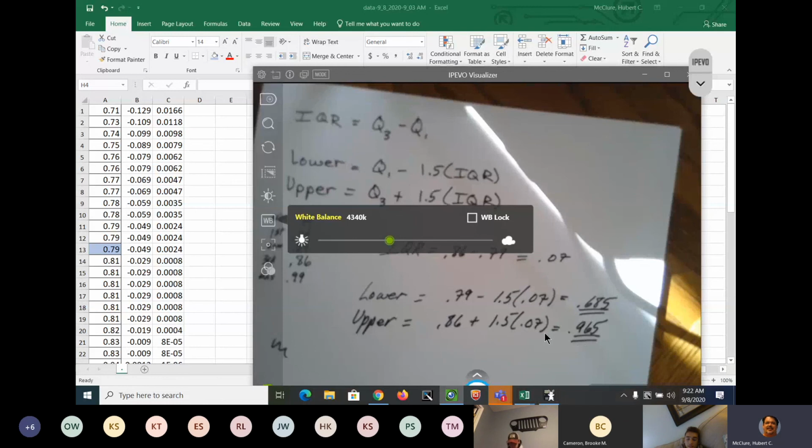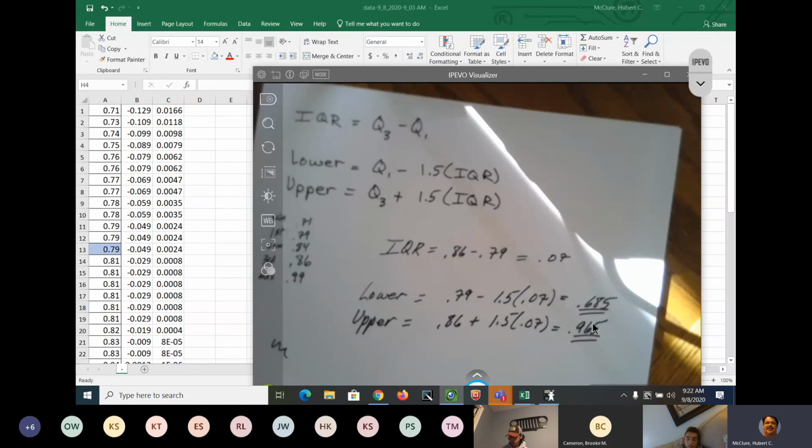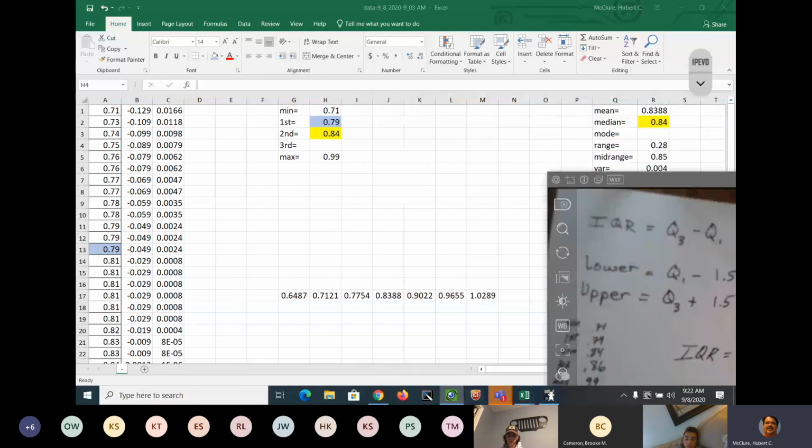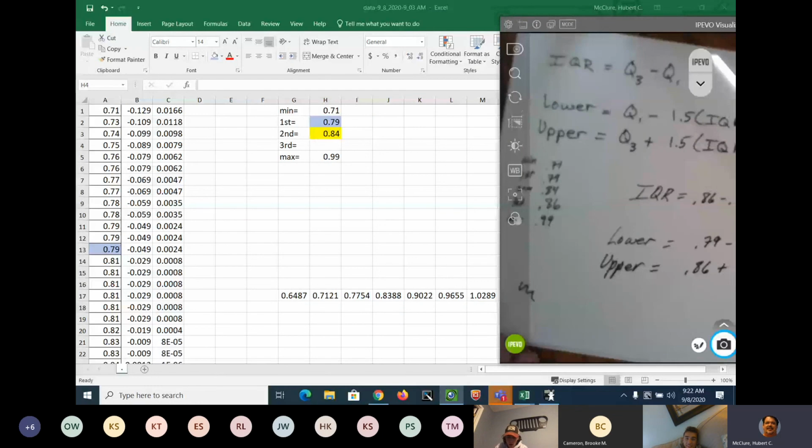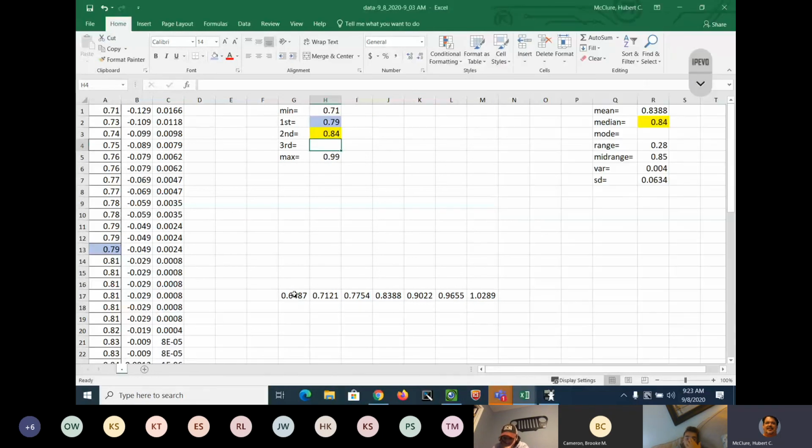So you still see that they're very close, but it's different philosophies. Okay, the interquartile range is 3 formulas you use to find this number and this number.